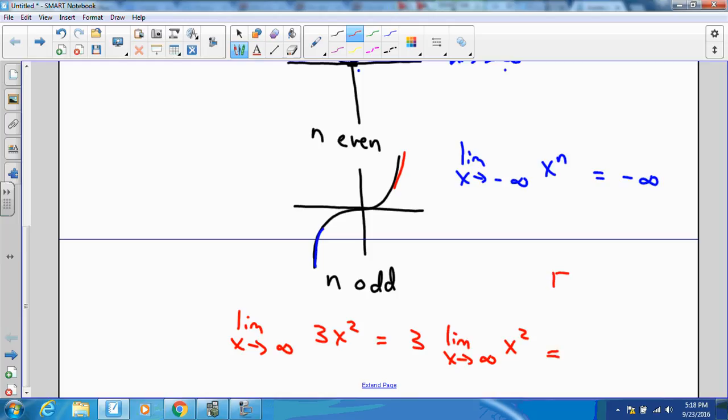Well, what about the 3? My form for my limit is 3 times infinity. And for this form, we want to visualize taking very, very large numbers and then multiplying them by 3. And when we do, we get even larger numbers. So it is clear that as x goes to infinity, 3 times x squared is going to go to positive infinity also.